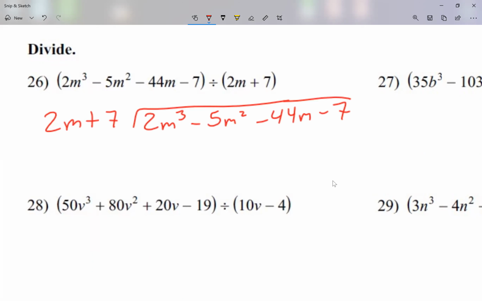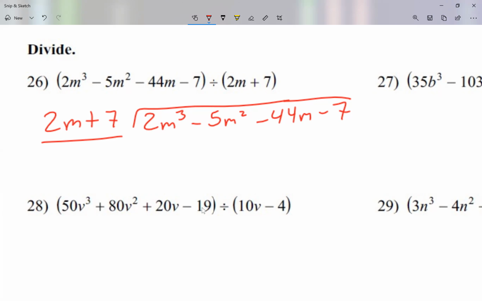One thing I want us to double check are the exponents. I cannot be skipping any exponents, and they must go in order from large to small. So looking on the outside, I'm looking at this term right now, 2m plus 7. My first exponent is m to the 1, and then m to the 0 with the 7.